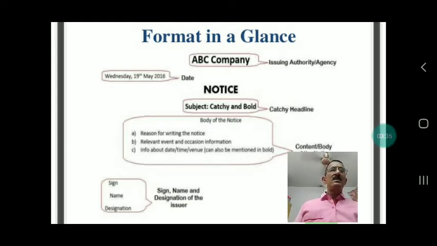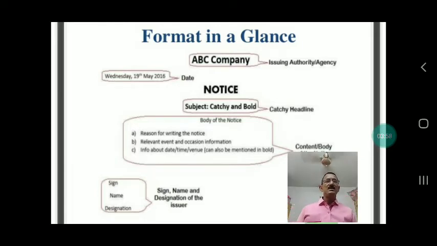Here, after writing the word notice, you should mention the subject. The word "subject" should not be written. It should be catchy and bold so that everyone can see it at a glance. Then you should write the body of the notice.